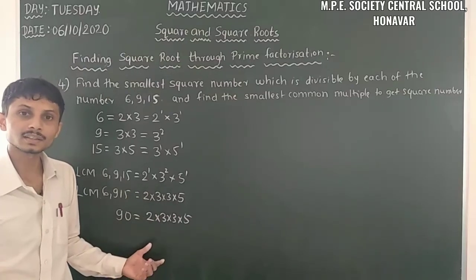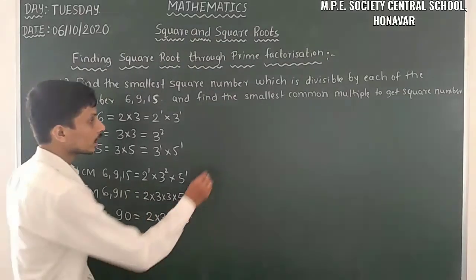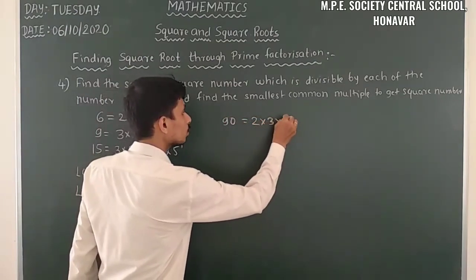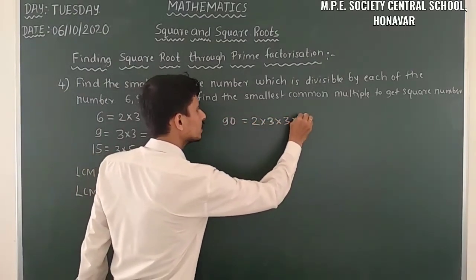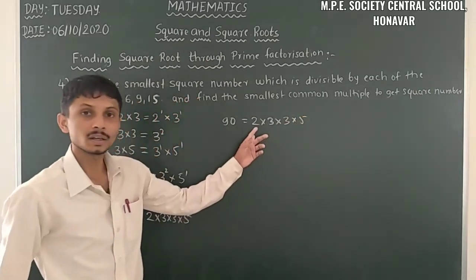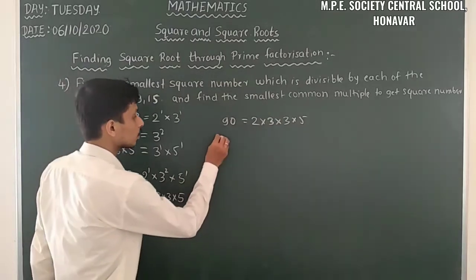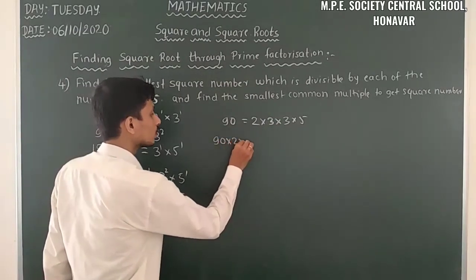So let us take the partner. How can we take that? 90 is equal to 2 into 3 into 3 into 5, so we have to multiply by 2 into 5. Then observe, 90 into 2 into 5.